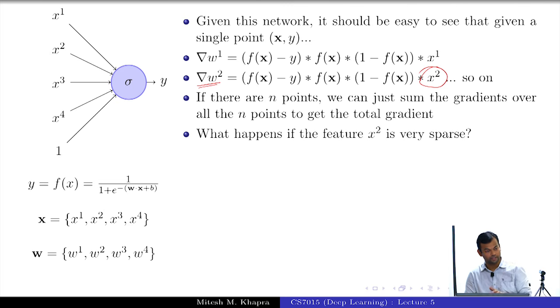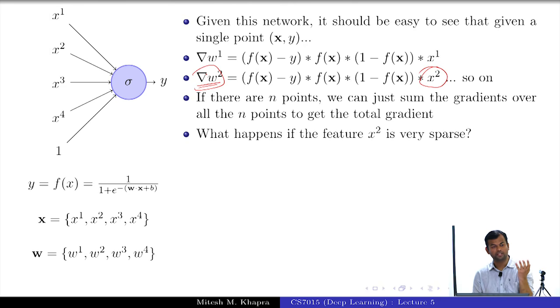So now just take a minute to understand this. Let's talk about stochastic gradient descent or mini-batch gradient descent or even batch gradient descent. You're going over all the 10,000 points that you have. You're computing the gradient with respect to all the parameters. One of those parameters happens to be W2. You have gone over 10,000 points, but in how many of those will you actually get the gradient for this?